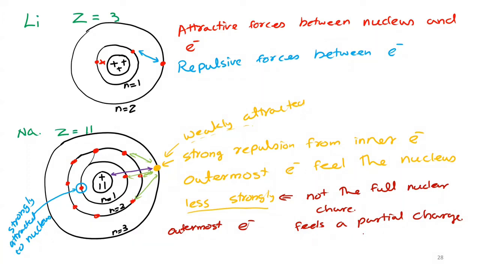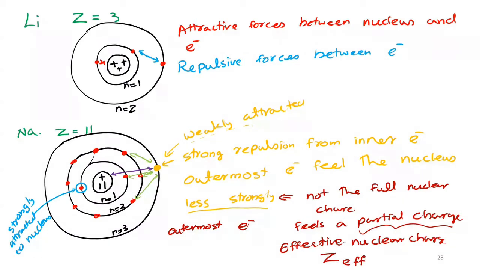This partial charge is something we call the effective nuclear charge, also shown by the symbol Z effective, or you can call it Z. So in short, effective nuclear charge is not a full charge felt by the outermost electron.